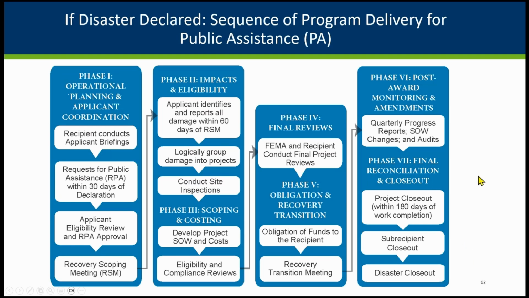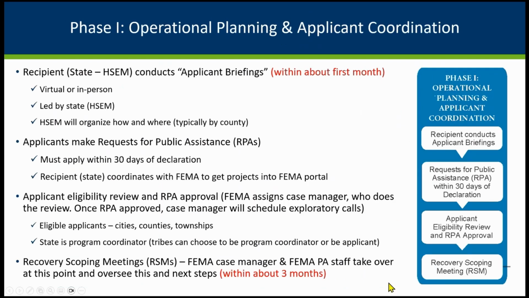I'm not going into detail here today, but we did kind of break this up in a presentation we gave last year, talking about some of those first steps that once they've done the preliminary damage assessment and they've had the declaration, within the first month after the declaration, they should be having applicant briefings. More recently, they're more virtual. In the past, they've been in person, usually led by Homeland Security Emergency Management and typically by the county at the county level. Then there's the process for basically applying for the different things that need assistance.